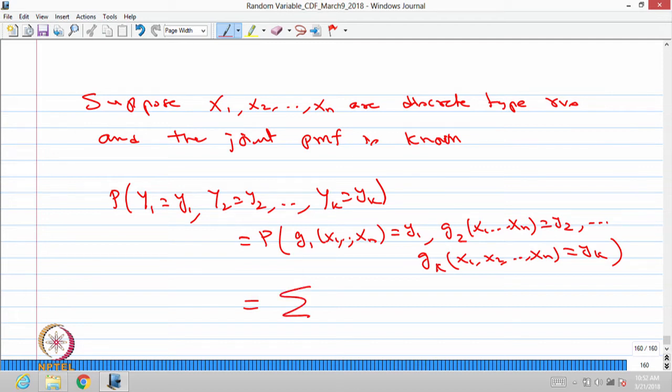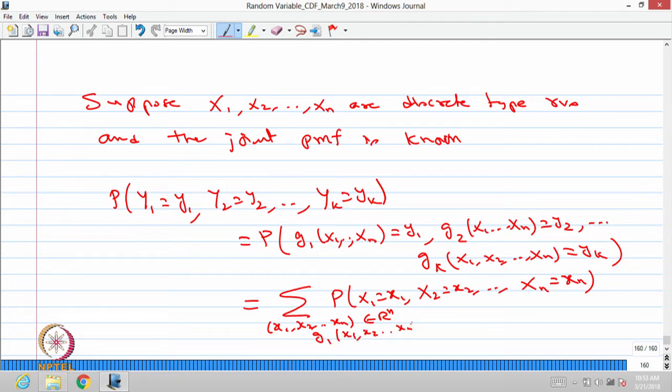the summation of the probability of x1 takes a value small x1, x2 takes a value small x2 and so on, xn takes a value small xn, such that all the xi's, x1, x2, ..., xn, belong to Rn. Not only that, g1 of x1, x2, ..., xn is the same as y1.